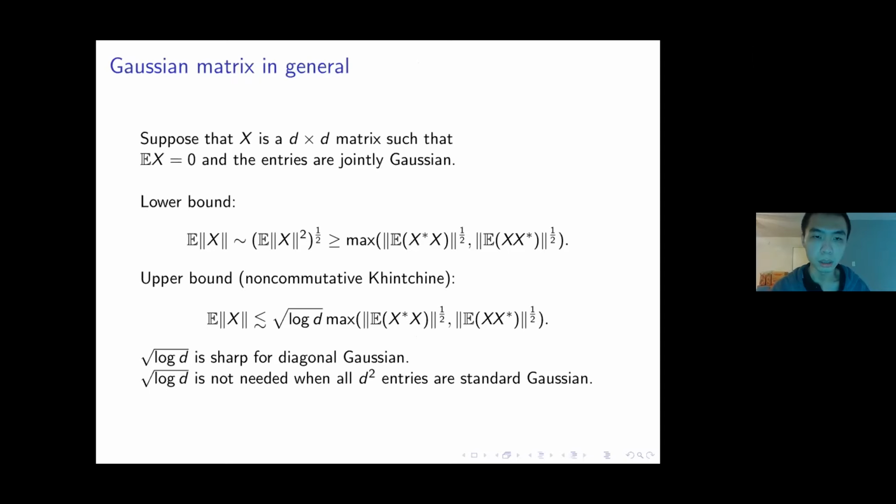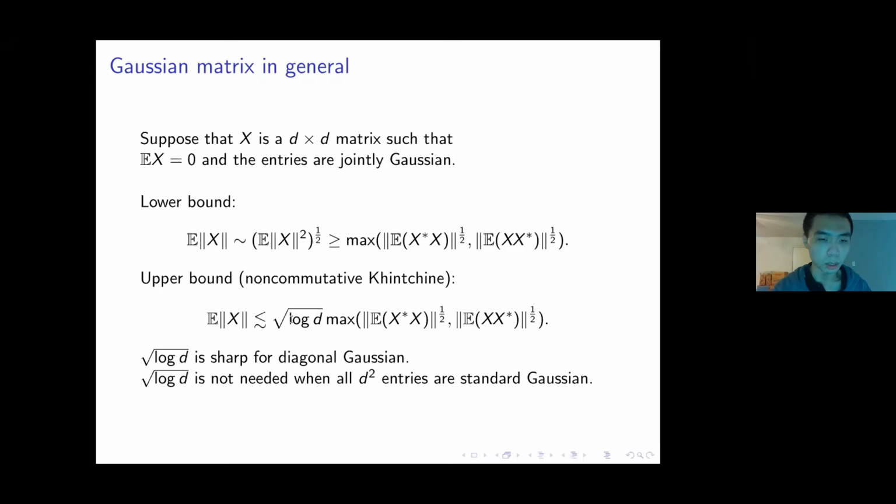All right, so let's do the most general case, when all the entries are centered and jointly Gaussian, so they could have some correlation between the entries rather than just being IID. The lower bound is easy to get.